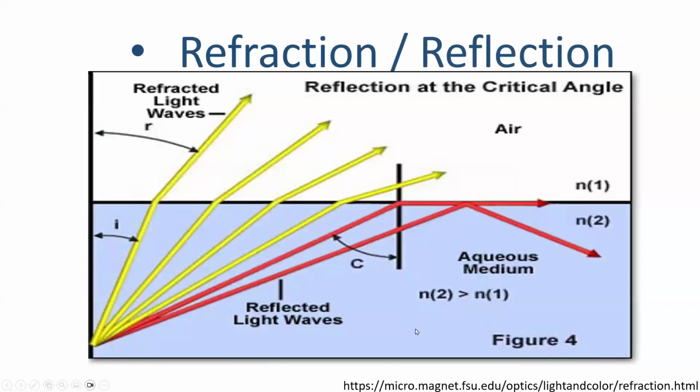Here is one medium. Here's another medium. So this one, let's say it's air, and this would be aqueous medium, which we can call water. And we have the light traveling from water towards air.